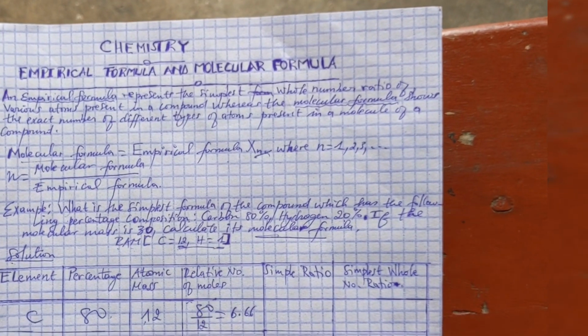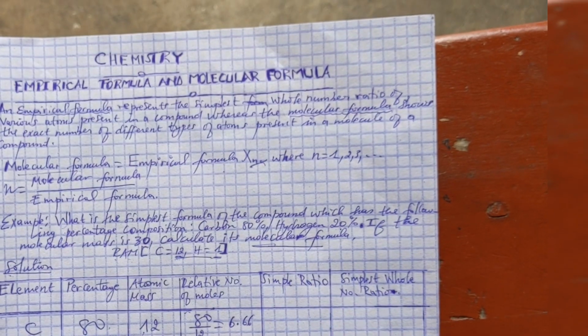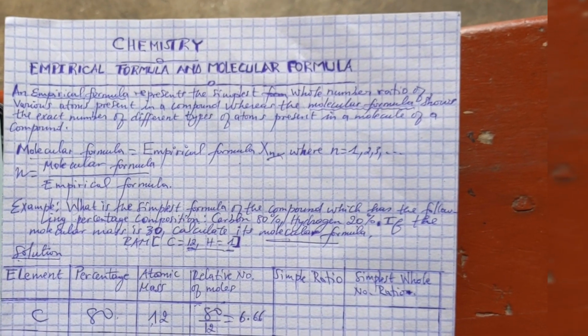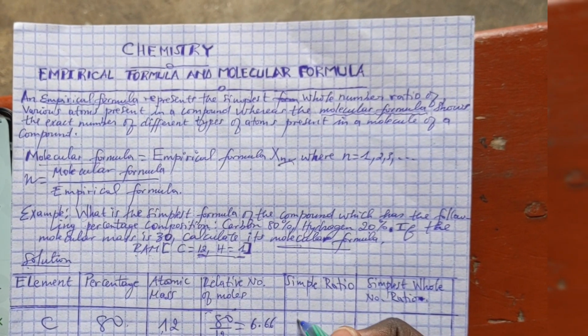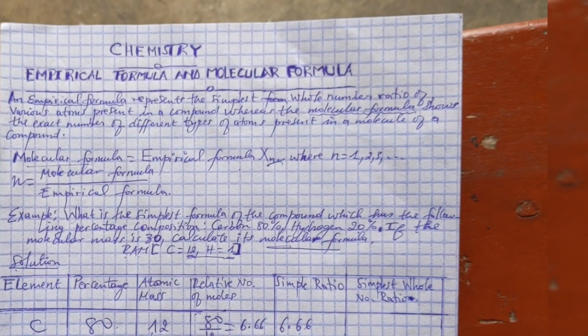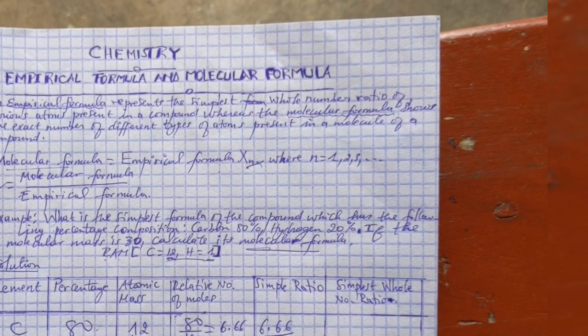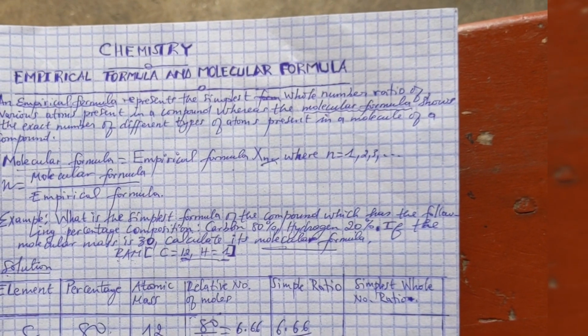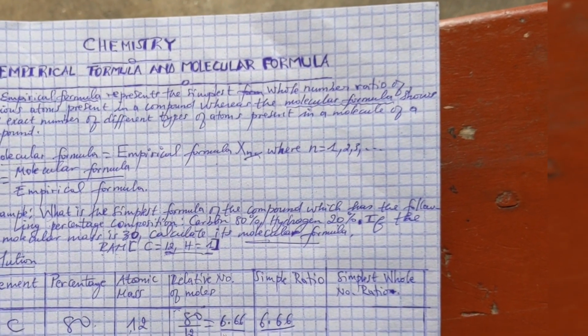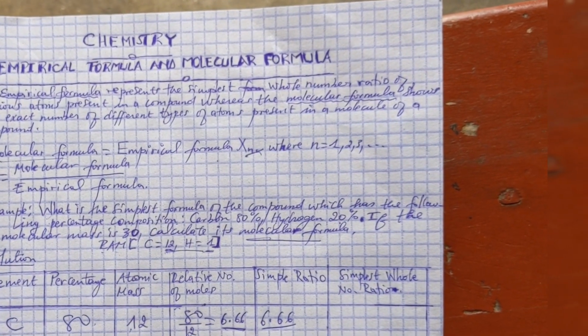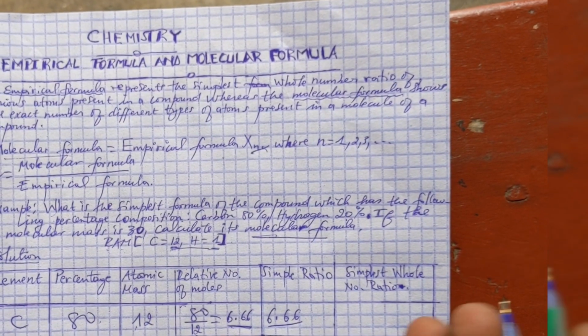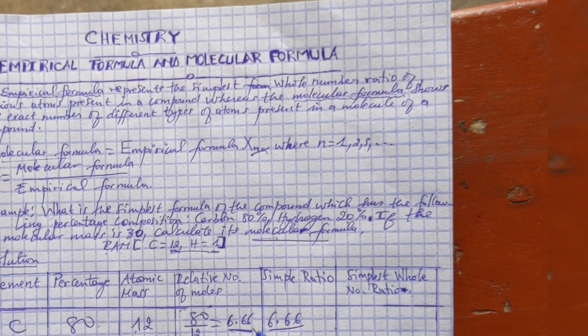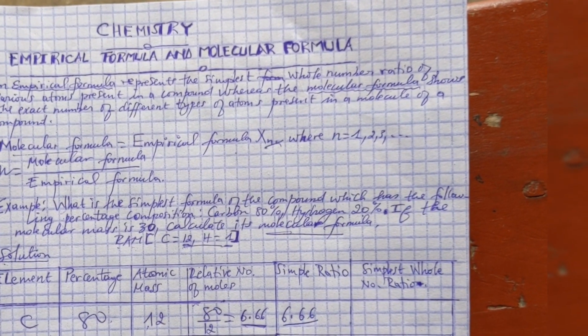So what about the simple ratio? We divide by the smaller number of moles, which is 6.66 compared to 20.